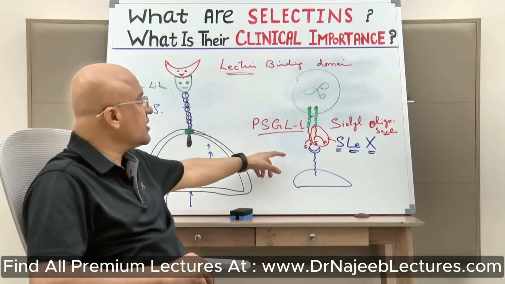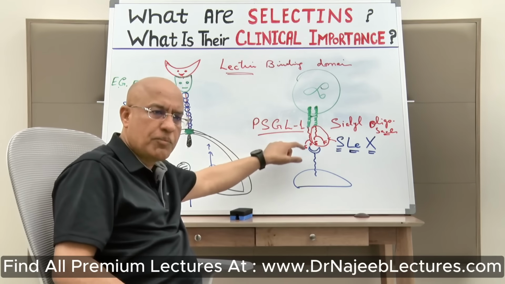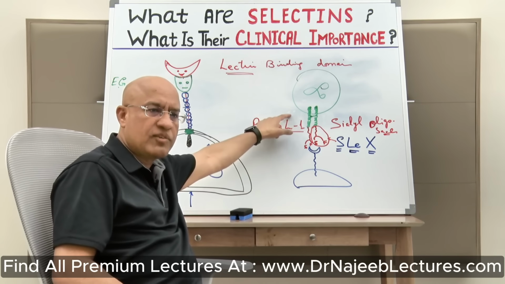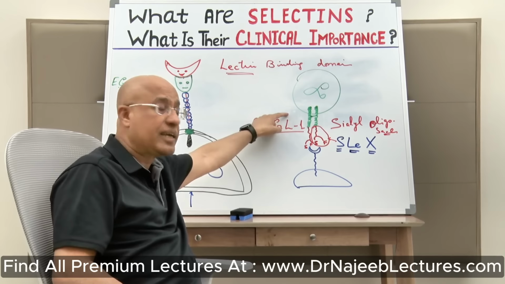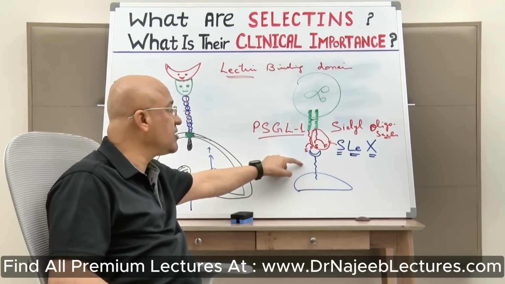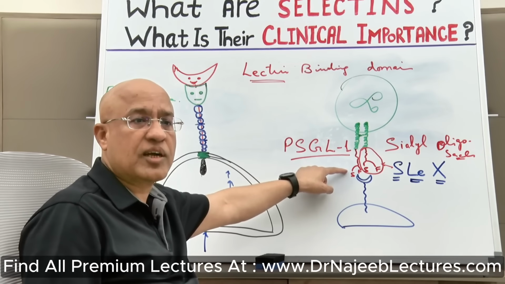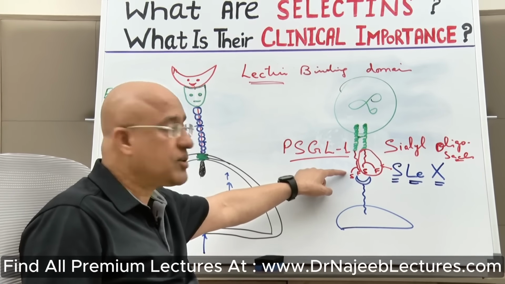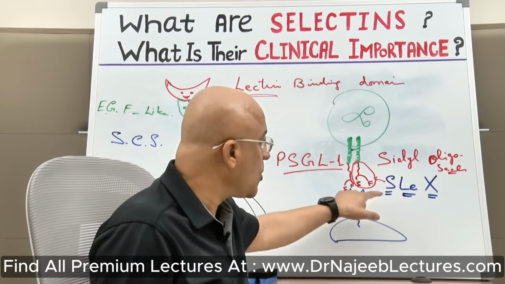Basically, selectins bind with the receptors on the neutrophils, for example this p-selectin. These counter receptors or ligands of the p-selectins are glycoproteins with a special type of carbohydrate unit, which should have SLEX. SLEX is what?